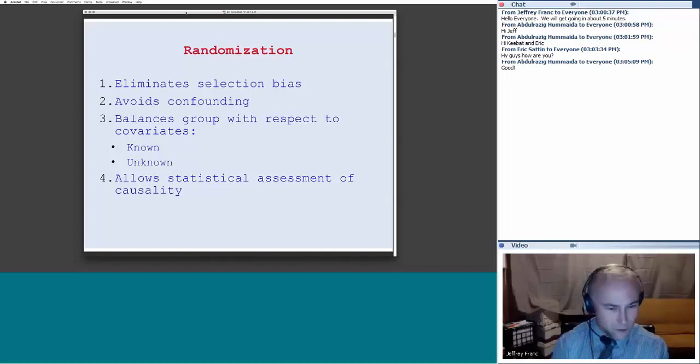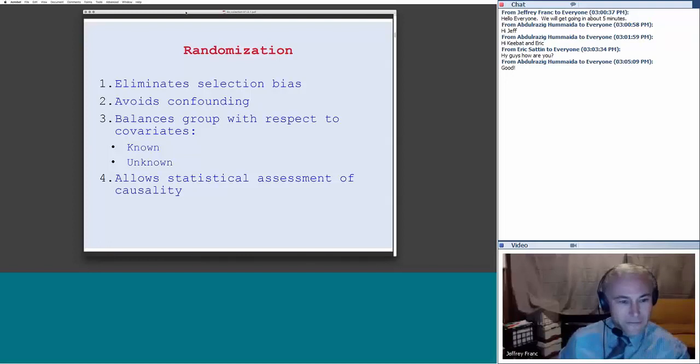That's either known things or unknown things. You see that, for instance, in clinical trials of medications, where some of the known covariates can be the patient's age, their gender, but then sometimes there's unknown covariates, things we don't even know. Maybe certain enzyme structures, certain parts of their social status that we don't know. It's hard to balance those covariates, and randomization can allow us to do that.